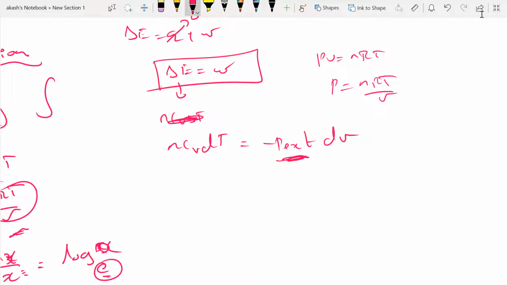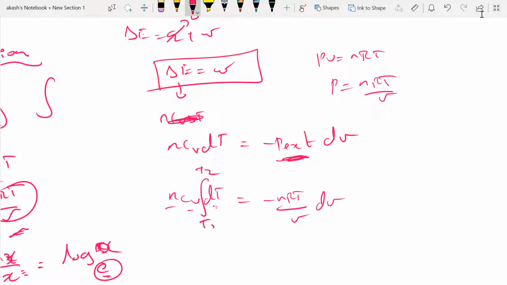Yeah, okay. So now we can rewrite this. I have nCV dT will be equal to minus nRT by V dV. All right. So now I can go for the integration. Now n is constant, CV is constant. So I have to integrate only dT from the initial temperature T1 to the final temperature T2.